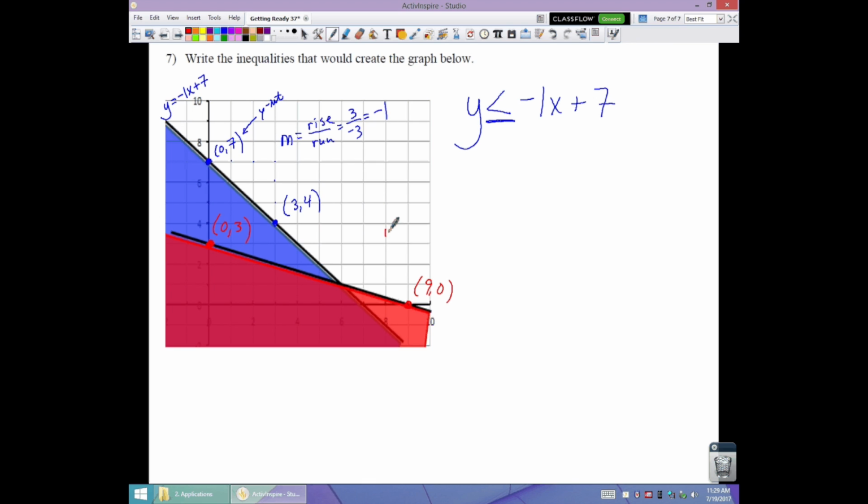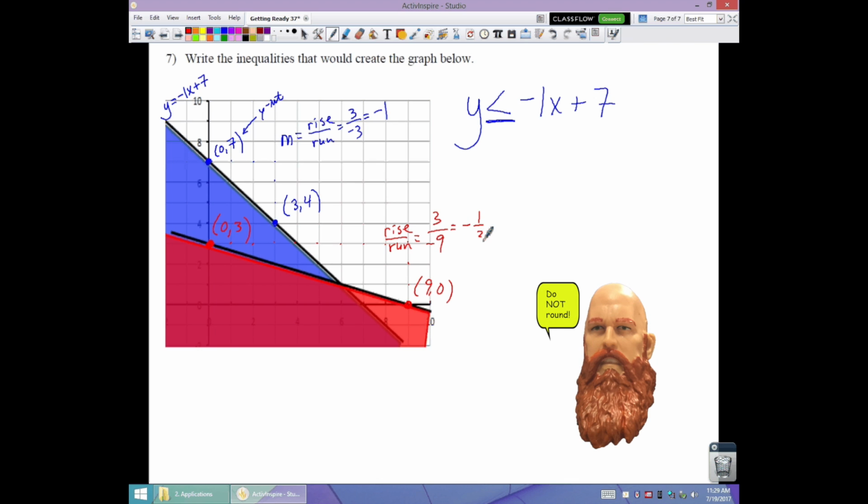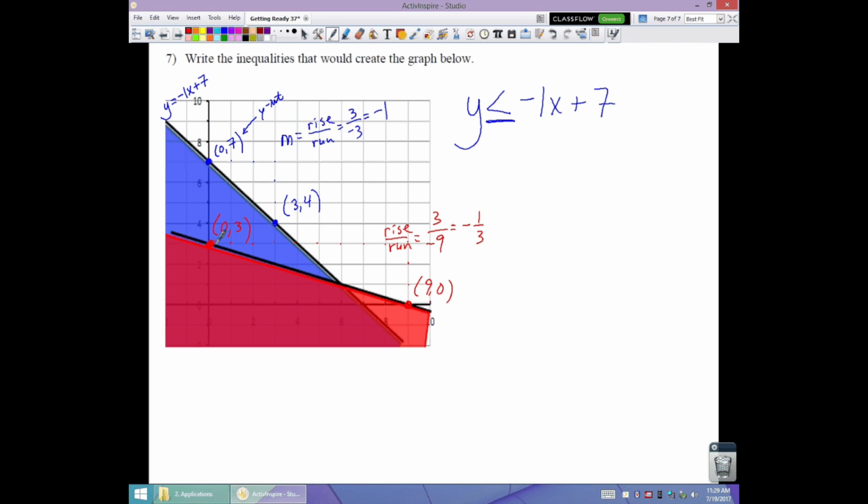So our slope, our rise over run on that red one, is I rise 1, 2, 3, and then I go left 1, 2, 3, 4, 5, 6, 7, 8, 9. So that's -1/3. The y-intercept is the point 0, 3. So the equation of the line is y equals -1/3 x plus 3.